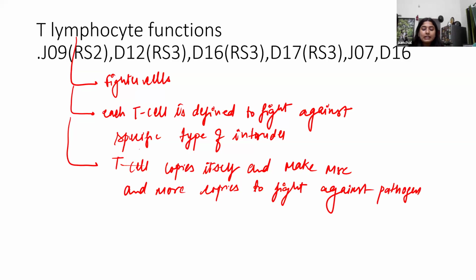Another thing about T cells is that they are also known as the antigen presenting cells, which is responsible for invading the location of the pathogen. These are the main functions of T lymphocytes.